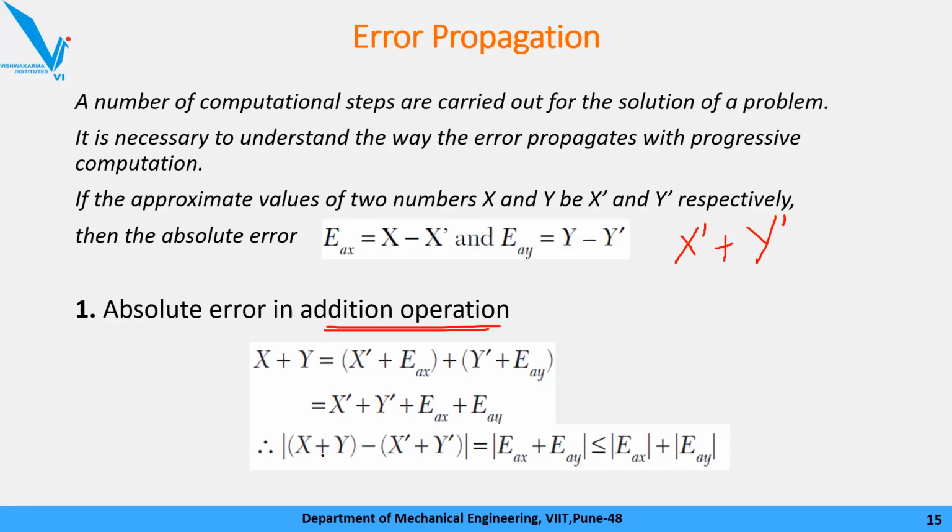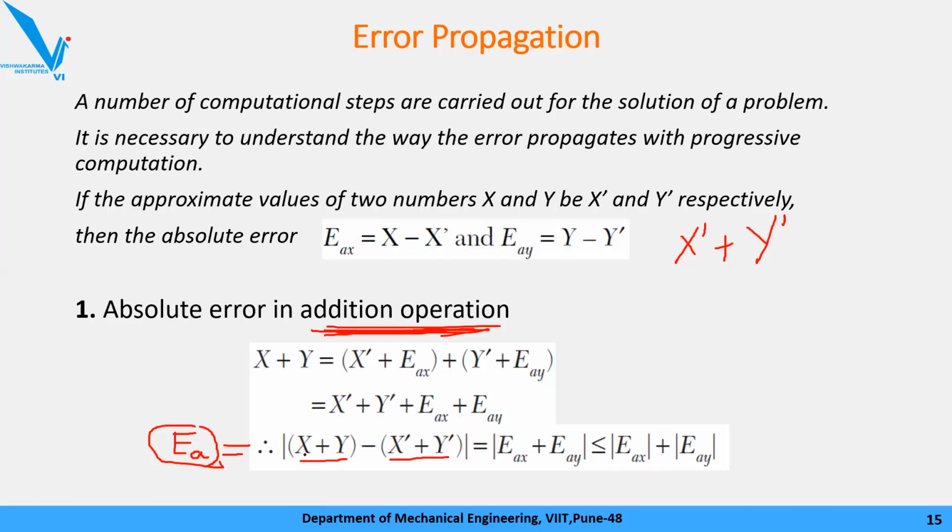Now that error is nothing but this capital EA. It stands for absolute error in the addition operation. We are focusing on the addition operation. Okay, how to do that? For anything, the error is calculated as true value minus approximate value.